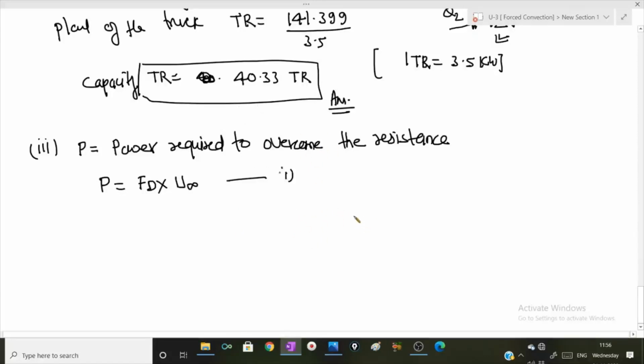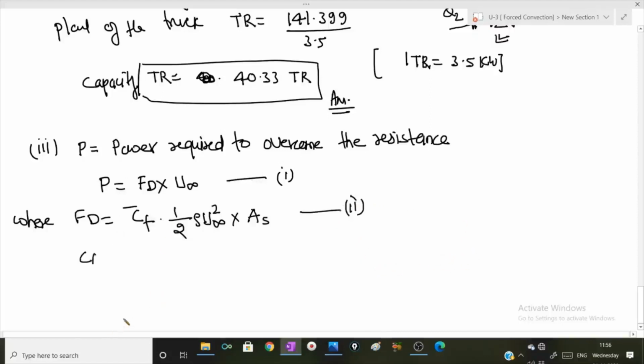Let us say this is equation number 1. In this equation, FD is given as average CF into half rho u infinity square into the surface area over which the air is flowing.